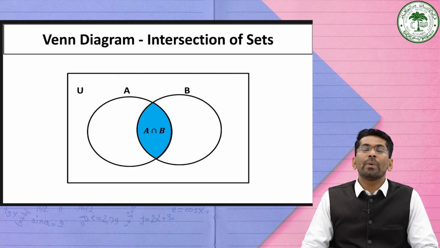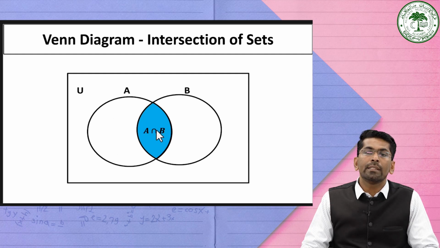Now we are going to represent the intersection of sets using a Venn diagram. The Venn diagram for the intersection of sets looks like this. As we already discussed, in a Venn diagram the sets are represented by circles, and the overlapping region between the circles represents the intersection of those sets.